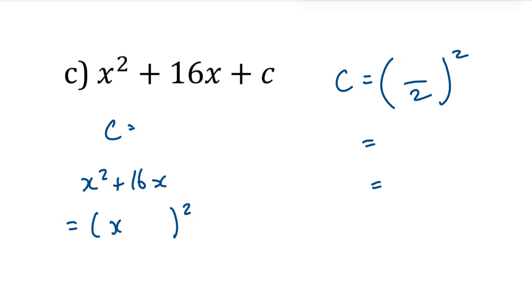So what's the number that goes there? Mackenzie, you already told me it's 16. What's 16 divided by 2? Somebody else. 8. What's 8 squared? 64. So C is 64. X squared plus 16x, that comes from here, plus 64. What goes in the bracket? Emerson? X plus 8.